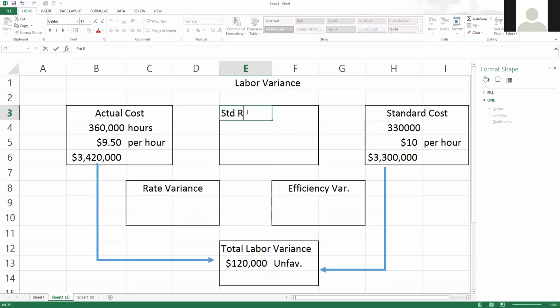We don't say price, we say rate times actual quantity, or actual number of hours used. So if we look at the math for it, it's standard rate of $10 times the actual quantity of 360,000 hours. So the standard here says that we should have spent $3.6 million.